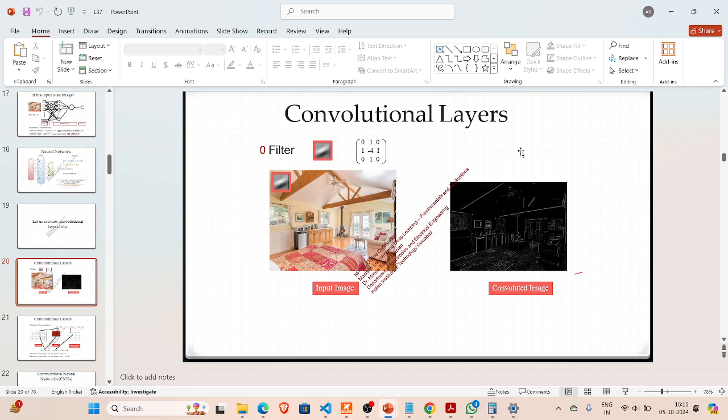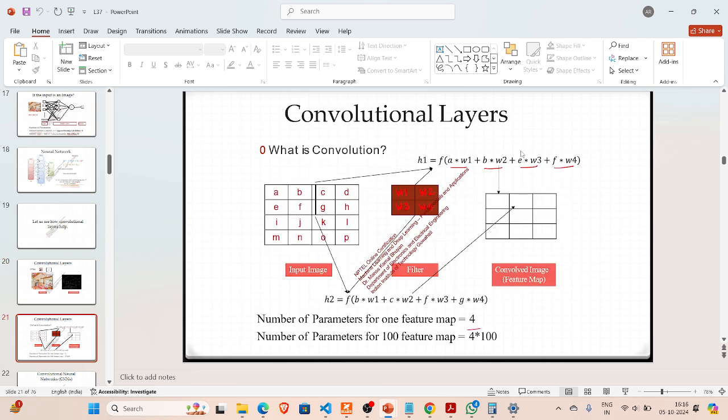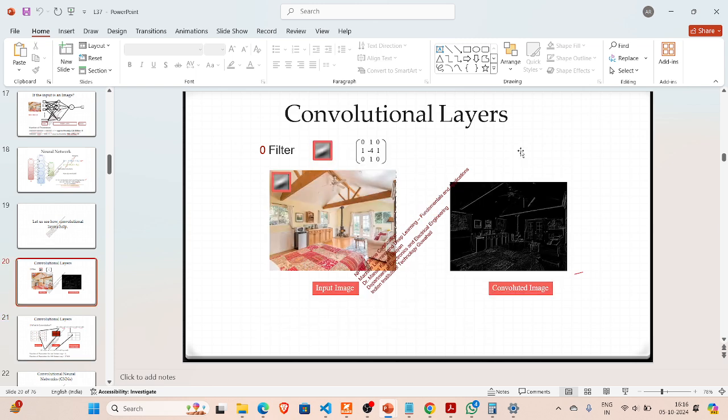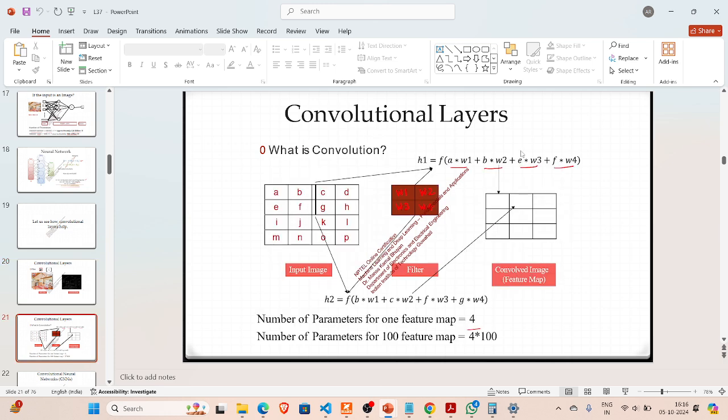This filter is the radial basis filter, and it gives out the high intensity features, which are the borders of the objects here. This is the importance of the convolutional layer. So this filter provides this convolved image, or feature map as we call it.